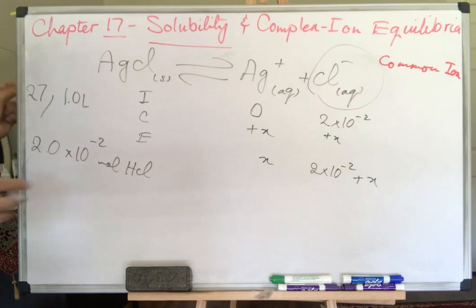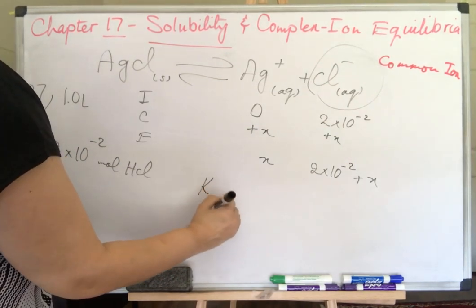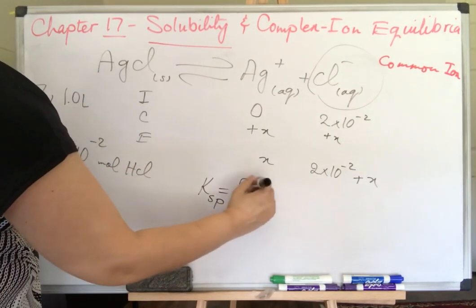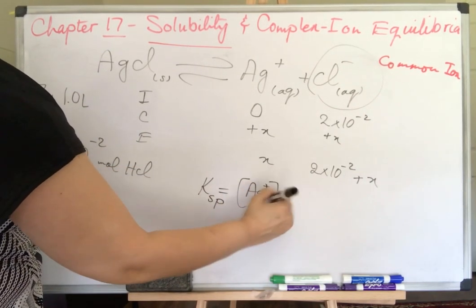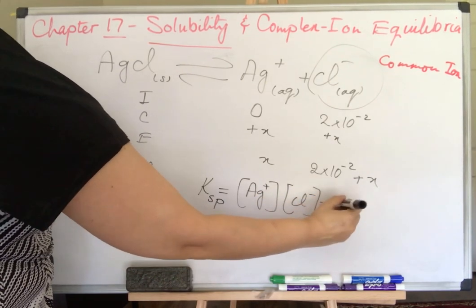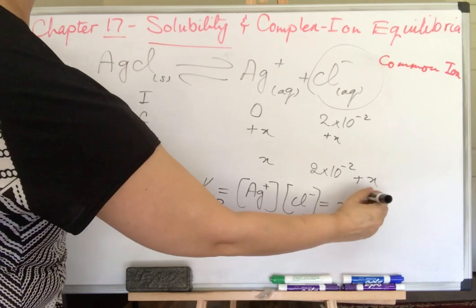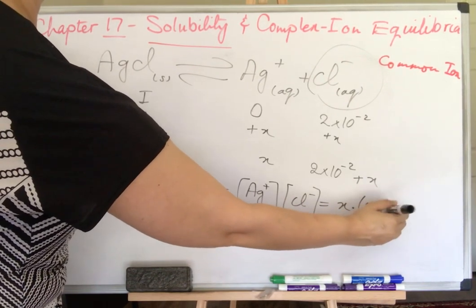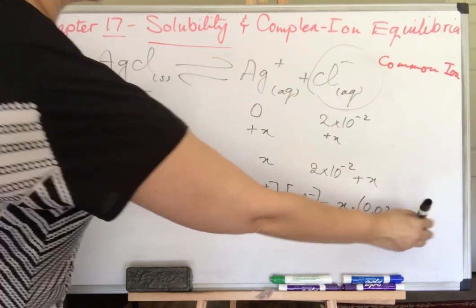So Ksp is going to be Ag times Cl, which is X times, let's change it to an ordinary number, 0.02 plus X.